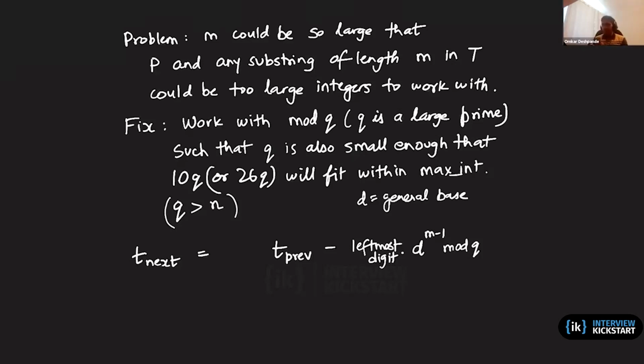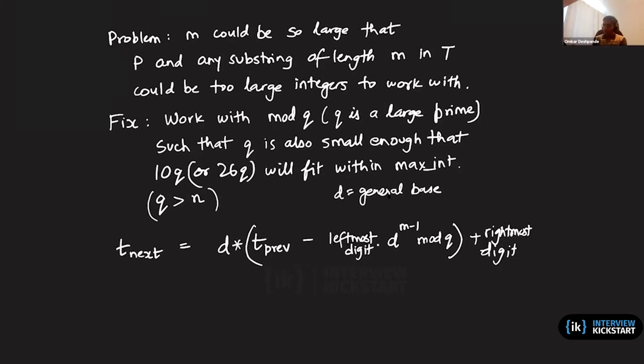So the sooner you take the mod, the lower the chances of there being an overflow. So you take this, you multiply it with d, and then add to that the rightmost digit, and again take mod with respect to q.